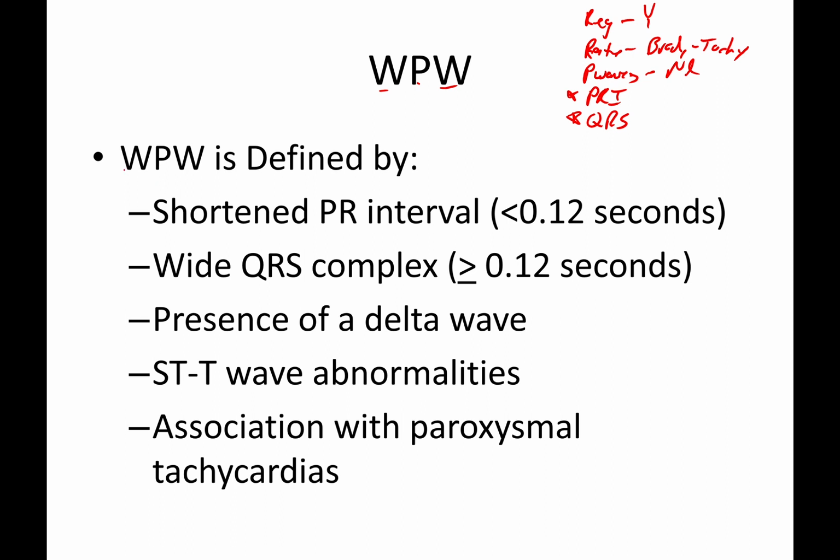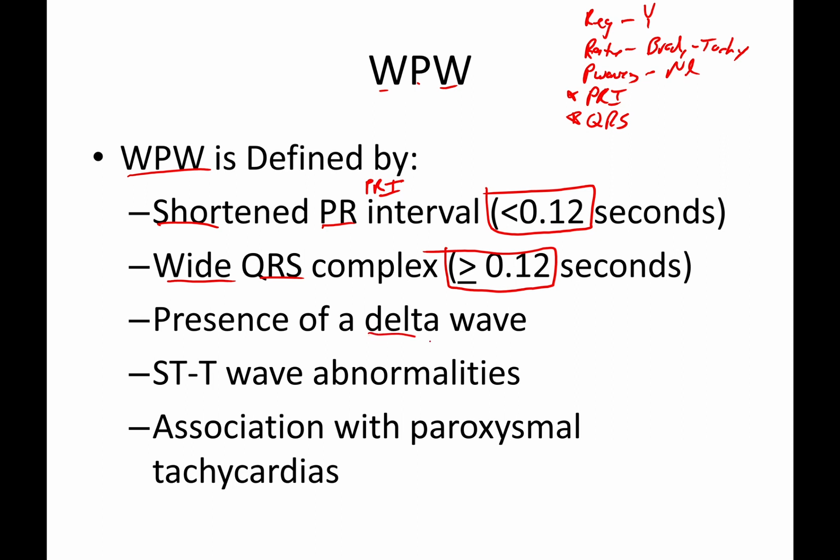And so Wolff-Parkinson-White has short PRIs, less than 0.12. They will also have a wide QRS, larger than 0.12. And that'll make more sense as we go to the next slide.